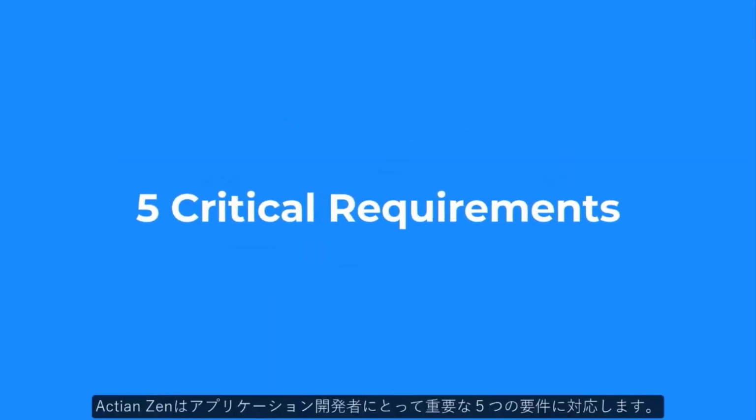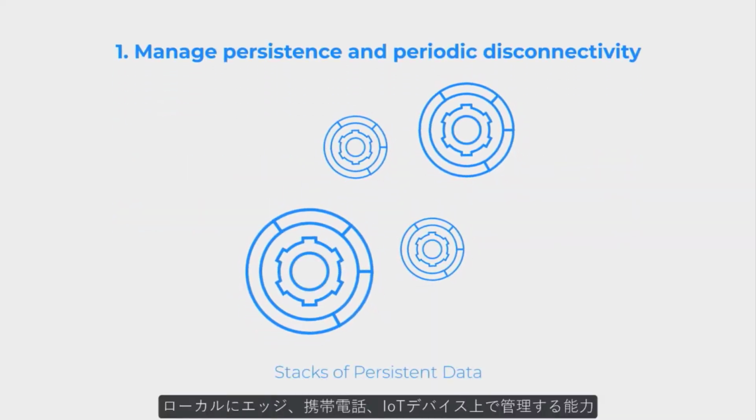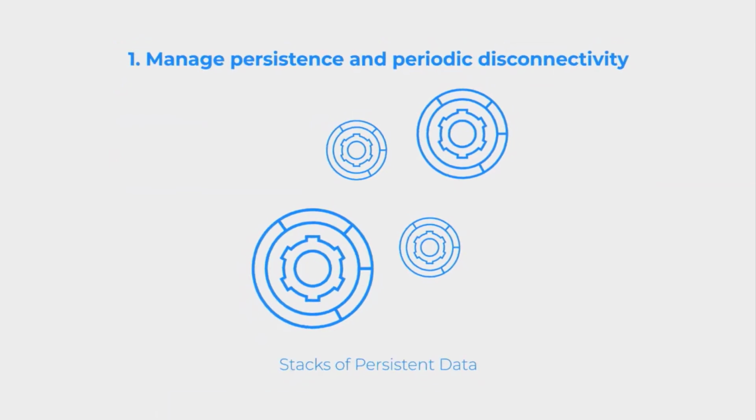Actian Zen addresses these 5 critical requirements for application developers. 1. Must be capable of managing large sets of persistent data locally on edge mobile and IoT devices. 2.